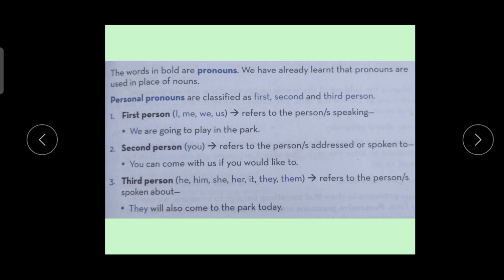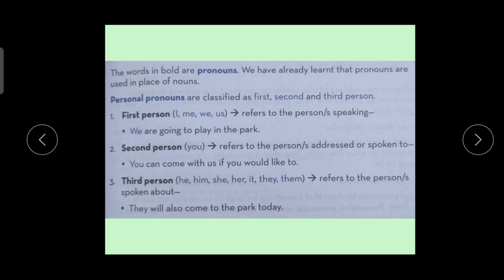We also know that pronouns can be personal, possessive, demonstrative and so on. Here we are going to discuss personal pronouns. Personal pronouns are classified as first, second and third person.